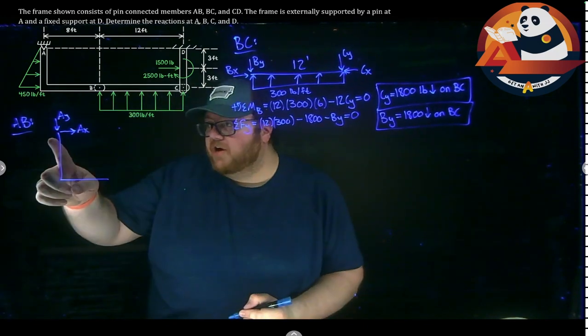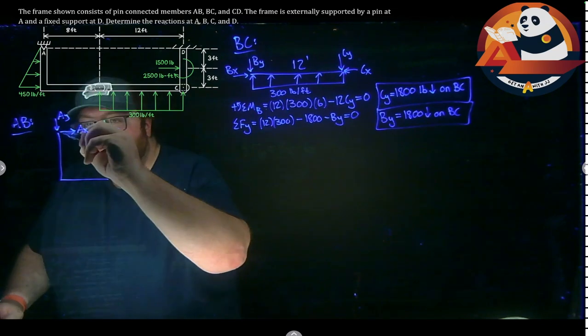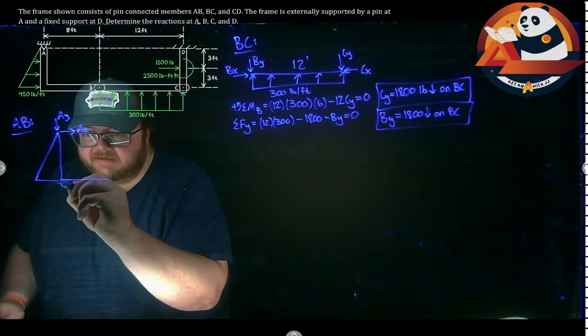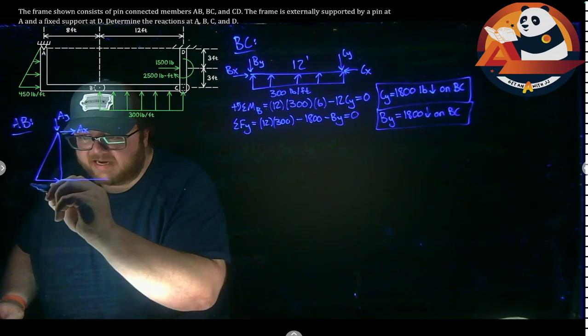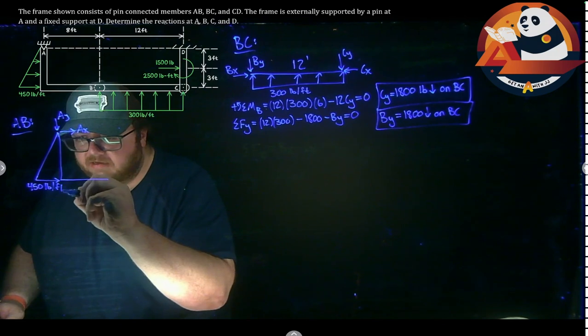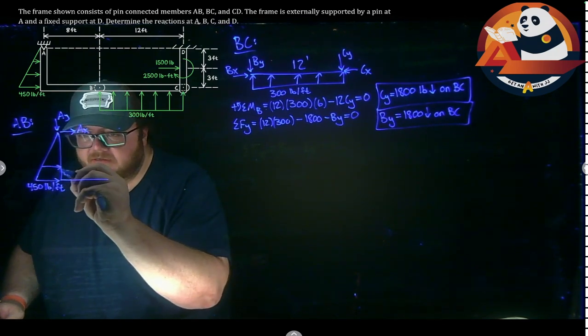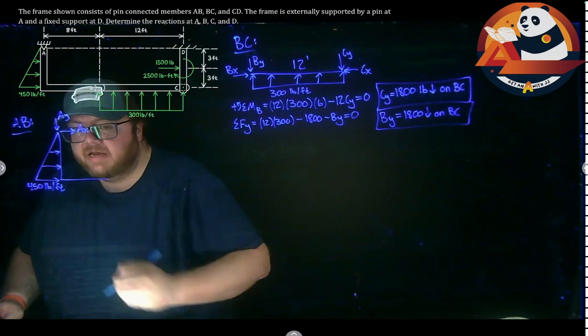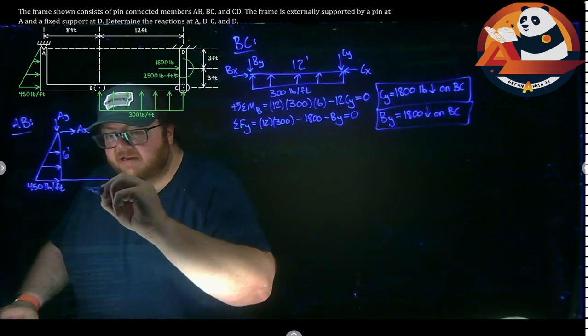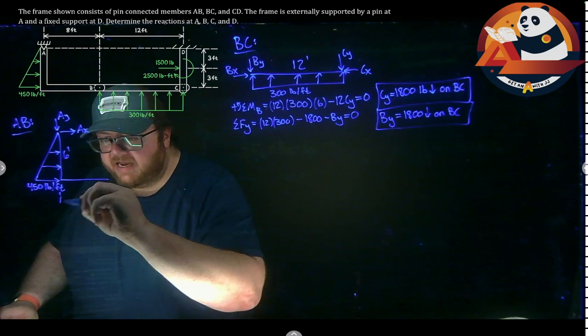I have a triangular distributed load here, so we'll get that in there. It is pointing to the right, and my max height is 450 pounds per foot. And I know my height of this is 6 feet. My base is 8 feet.